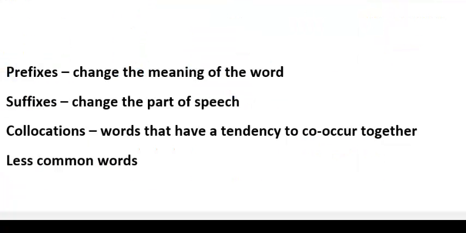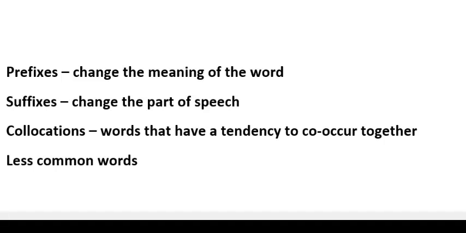Now I want to talk more specifically about these less common words that are referred to in the criteria, and also about how to extend your range of vocabulary and bring in more accuracy and more sense of style and appropriacy.